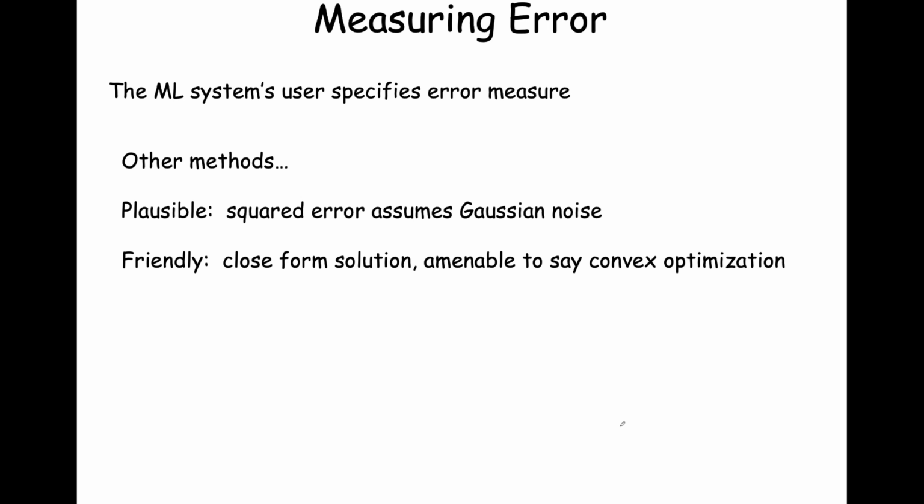This is believable, and it's applicable to the problem, so we're going to go with this because it makes it feasible to implement. And then there are other methods where you choose a friendly representation of pointwise error. For example, having a closed form solution that might be amenable to convex optimization, right? So this is for mathematical and mechanized convenience.